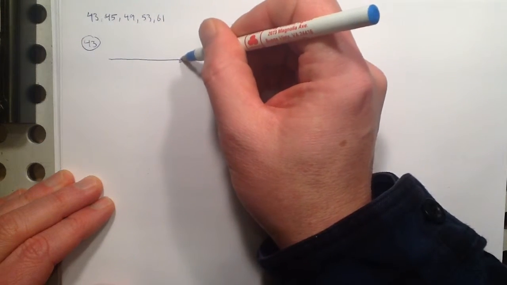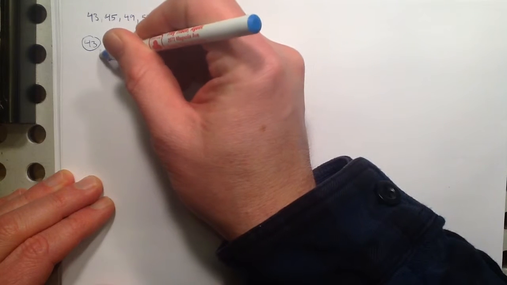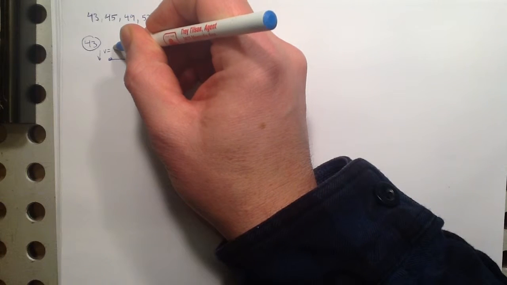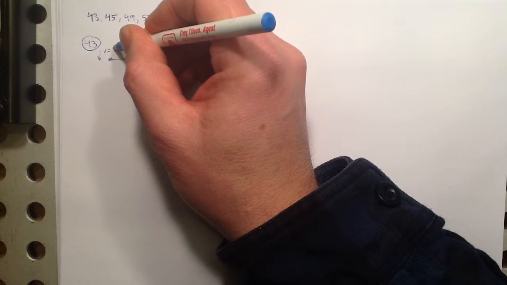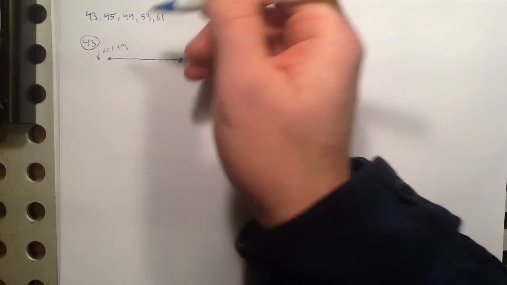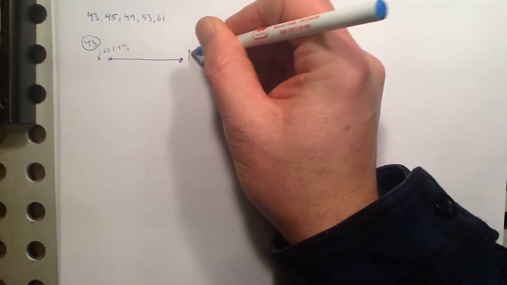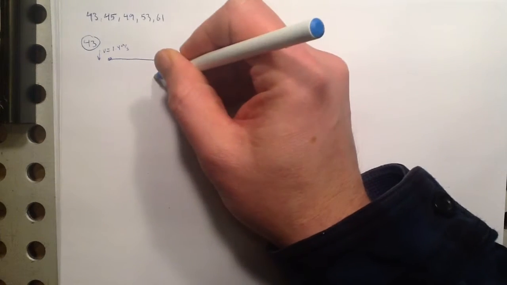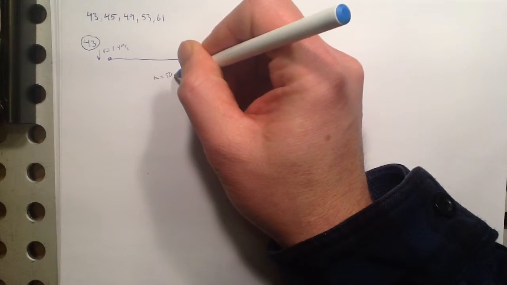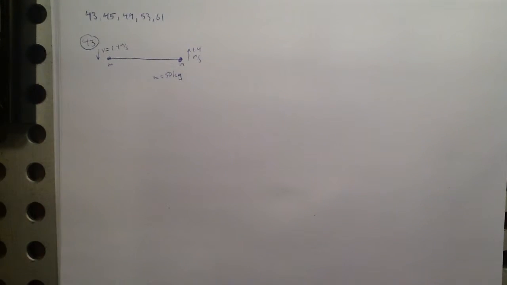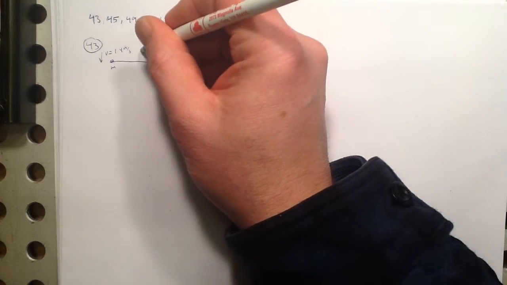One has a velocity of 1.4 meters per second, and the other has the same speed but in the opposite direction, 1.4 meters per second. They both have a mass of 50 kilograms, and the length of the pole is 3 meters.